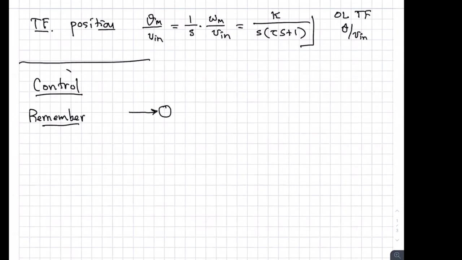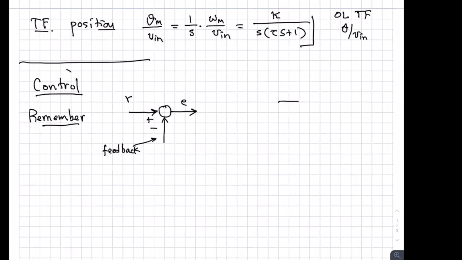It means that we've got some reference input, R, to form an error here. This is a plus, this is a minus, and what we're going to do here is feed back a signal that represents a measurement of whatever variable you're trying to control.